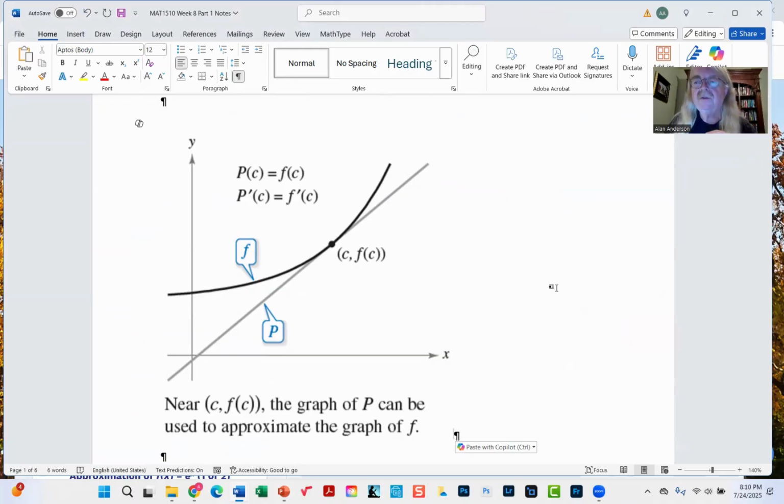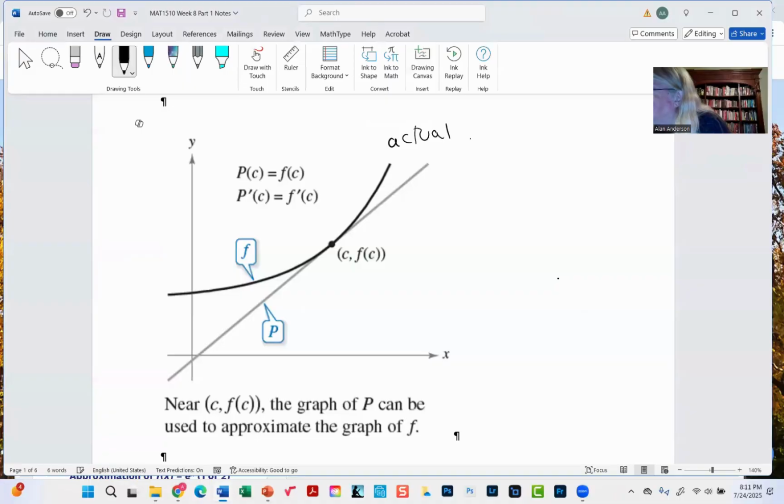The p is the polynomial that we are creating to approximate it. So the f is the actual function, and the straight line, which is being labeled p of c, is the approximation.